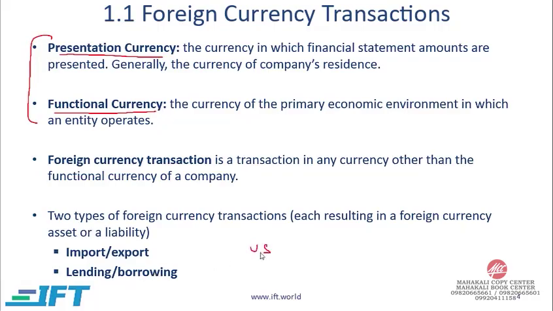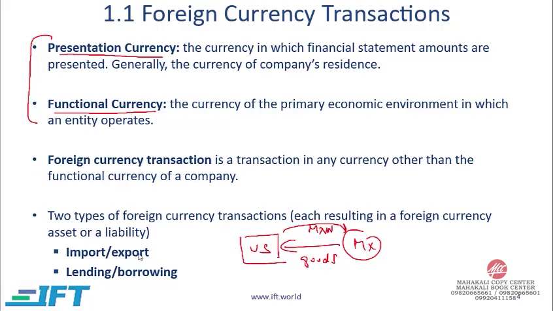As a simple example, let's say that you have a United States-based company which imports from Mexico. So goods are imported, but the payment is made in Mexican peso at a later point in time. This means that an accounts payable is created, payable in the foreign currency, and that will result in some foreign currency risk.